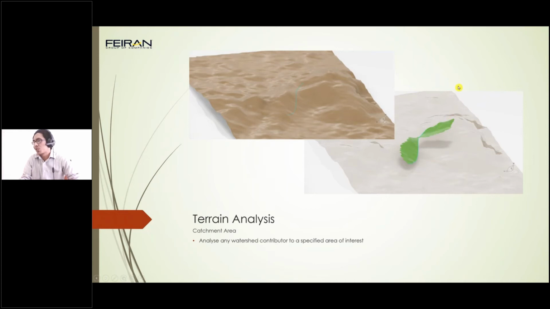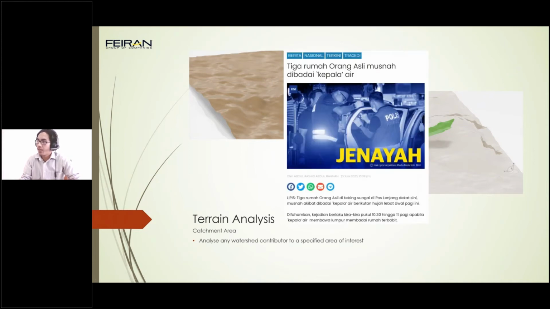So what is the potential usage of this analysis in a real case? For example, as a prediction of an event or disaster caused by kepala air, or sudden surge of river level due to heavy rain uphill.